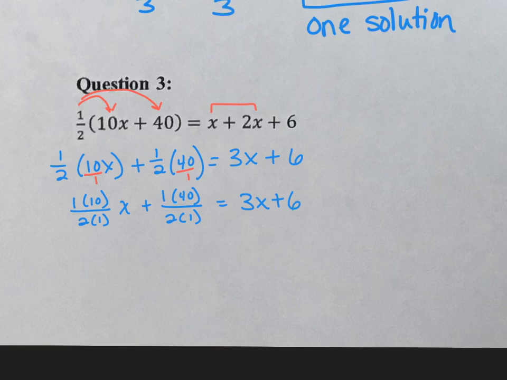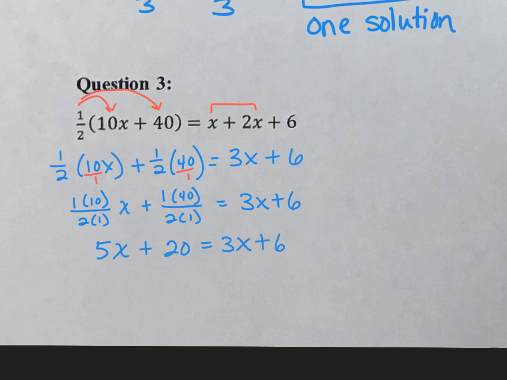Okay, I'm going through every step here so that you can follow through. You may get to the point where you don't have to do every single one of these steps, okay? So 10 divided by 2 is 5x, plus 40 divided by 2 is 20, equals 3x plus 6.